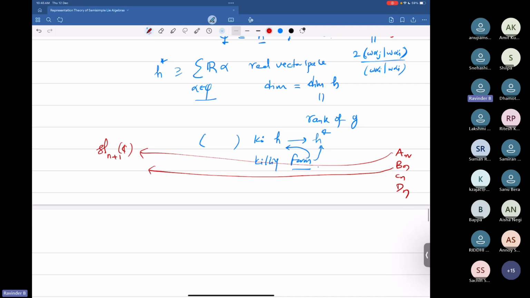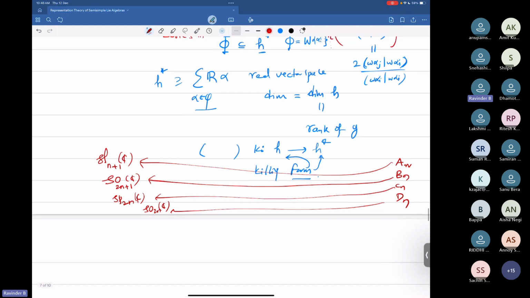B is discussed. These examples are discussed in the first lecture of Shraddha. B is special orthogonal of odd size, C is symplectic, and D is orthogonal of even size.